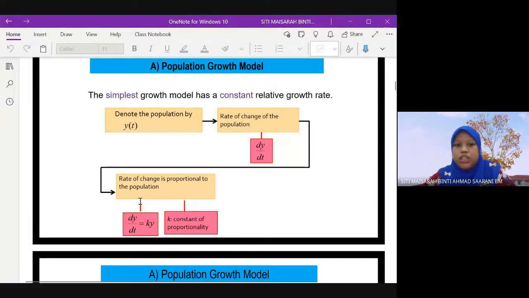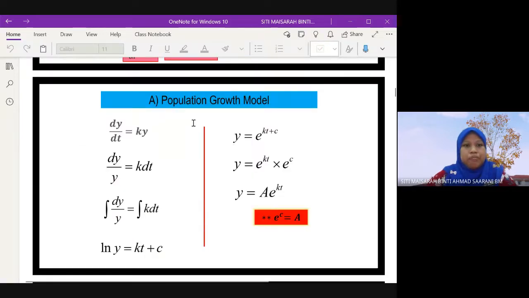Okay. So jadi katakanlah kalau kita punya problem tu mesti start from differential equation which is dy over dt is equal to ky. So then kita solve by using first order differential, either separable or integrating factor. So jadi untuk case ni, this is separable.